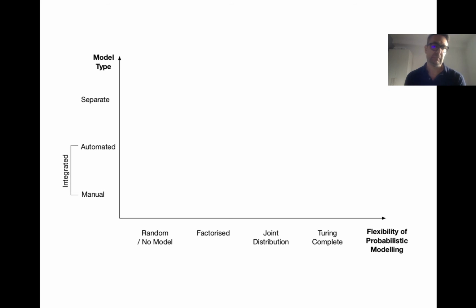The non-determinism is somehow there and can affect what kind of test data is generated, but we don't really control it. And then we can go up, and I'll describe that more. But on the y-axis we have modeling types, so ways of doing this. And the first two on the y-axis are the integrated ones. So there it's hard to separate out the probabilistic model from the structure. So they are tied together.